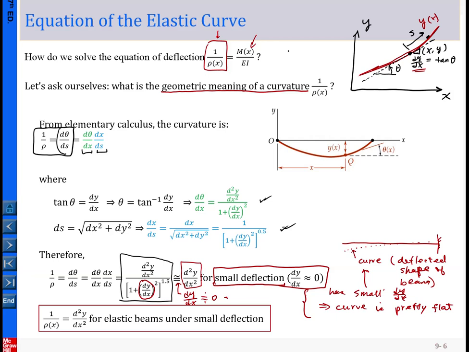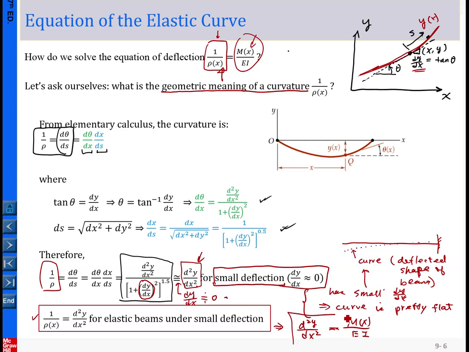So under these practical considerations, the curvature can be approximated by a single term. Let me rewrite here: d squared y dx squared, the approximated curvature, equals M(x) divided by EI.